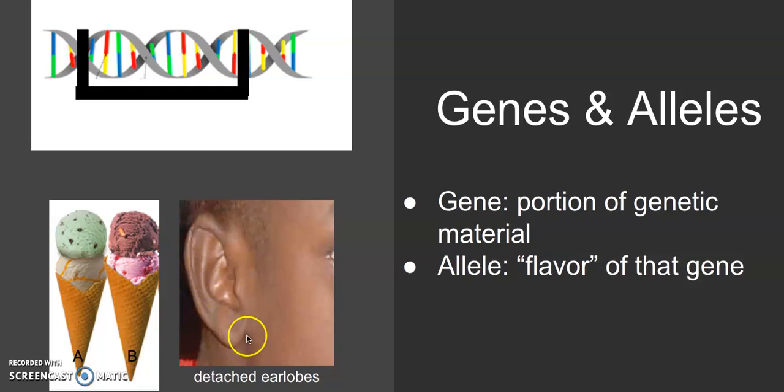So a trait in this example is detached earlobes. So there are two versions of this allele. There's the version where the earlobe is attached, and there's the version where the earlobe is not attached, like in this photo.